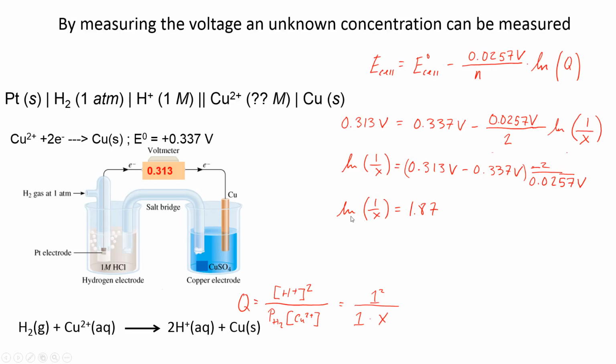In order to get 1 over x out of the natural log, I need to take e to both sides, so 1 over x is e to the 1.87, which is 6.49, and then the copper ion concentration is the reciprocal of that, and we find out that the copper ion concentration is 0.15 molar. So in solution, 0.15 molar copper ions gives a voltage of 0.313 volts when compared to the standard hydrogen electrode.